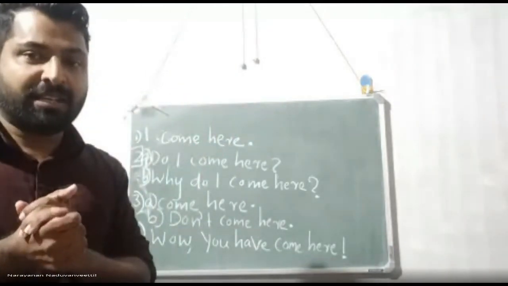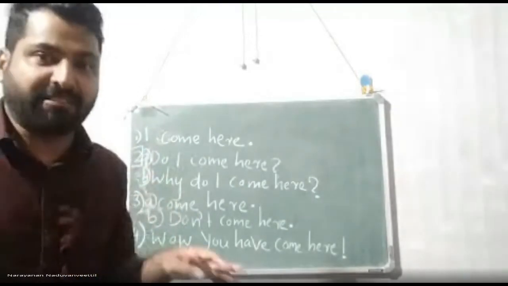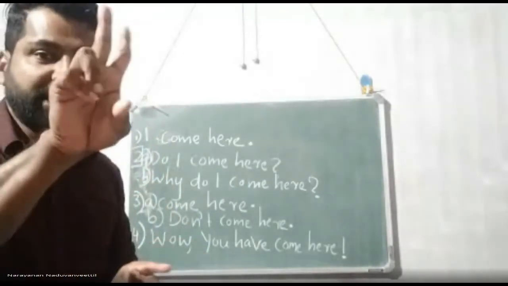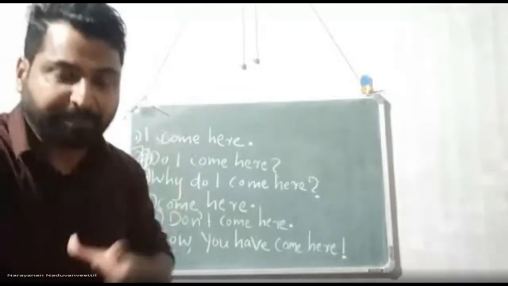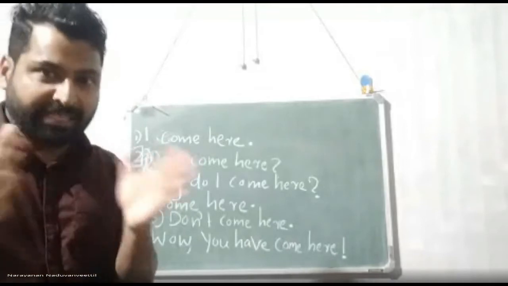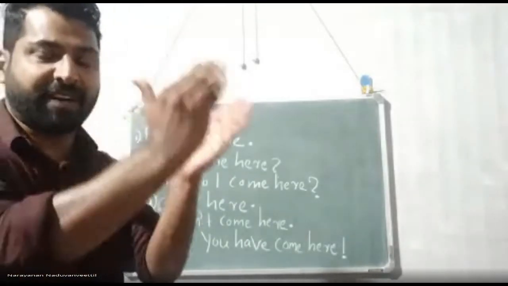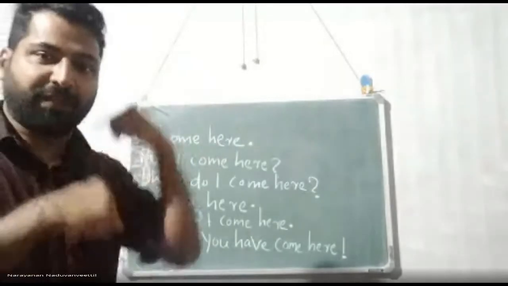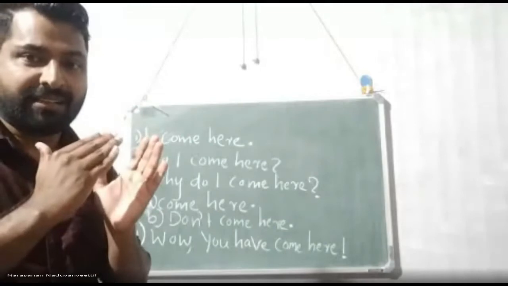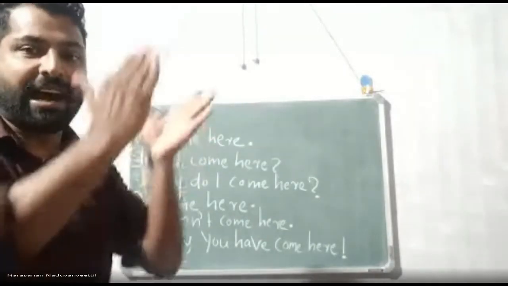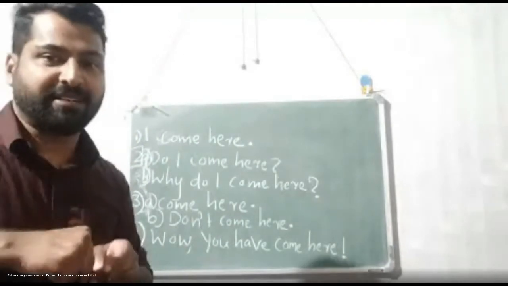That means reported speech mandatorily contains two sentences. The first sentence that we make is, for example, X said it to Y, or X asked Y. X here stands for a name, Y here stands for another name. A new sentence we have to make.